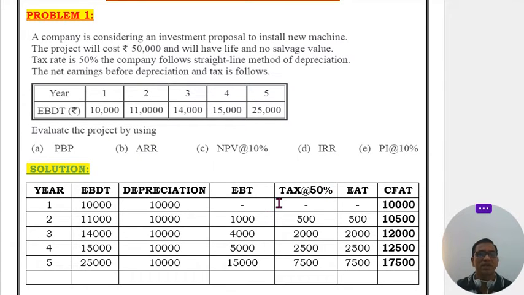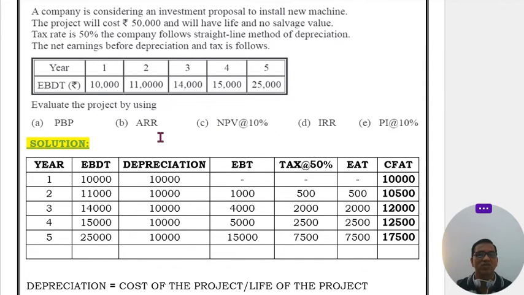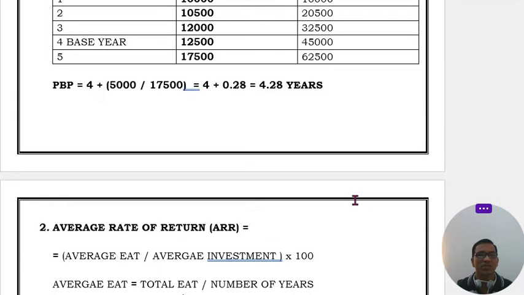And cash flows are not given directly, so we converted the EBDT into CFAT. How? EBDT minus depreciation gives EBT, minus tax gives EAT, plus depreciation gives CFAT. For all methods we need CFAT except the ARR method, where we take EAT, also called PAT, profit after tax.